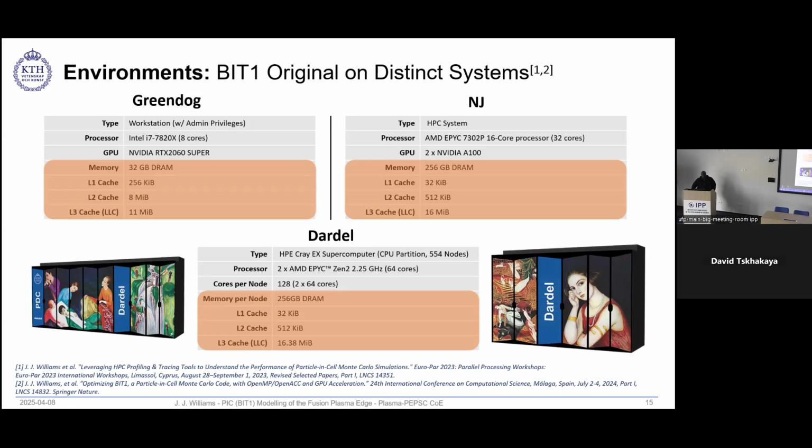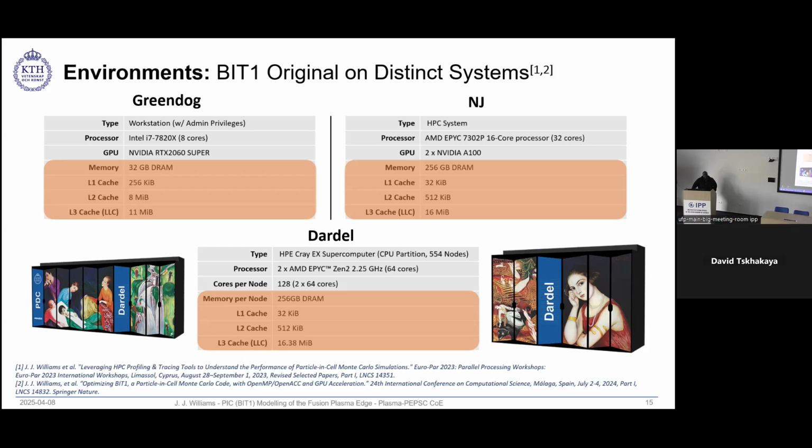Another machine called NJ is an HPC system that had 2 GPUs on it, where we started our work. And then we had Dardel, which is basically the little sister of LUMI at KTH, one of the very famous machines at the university.